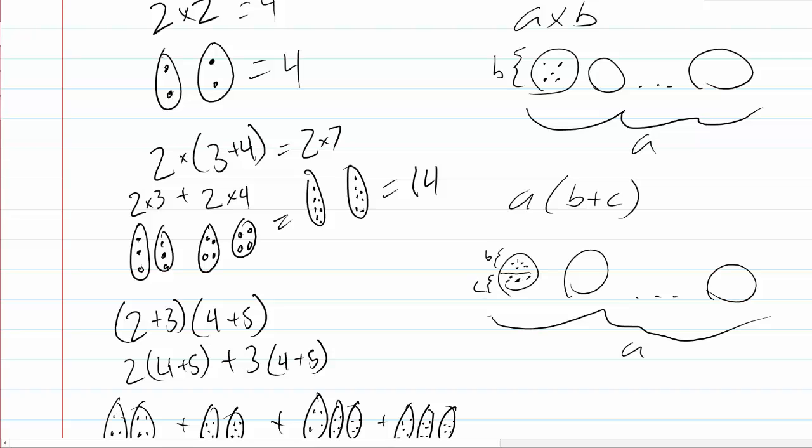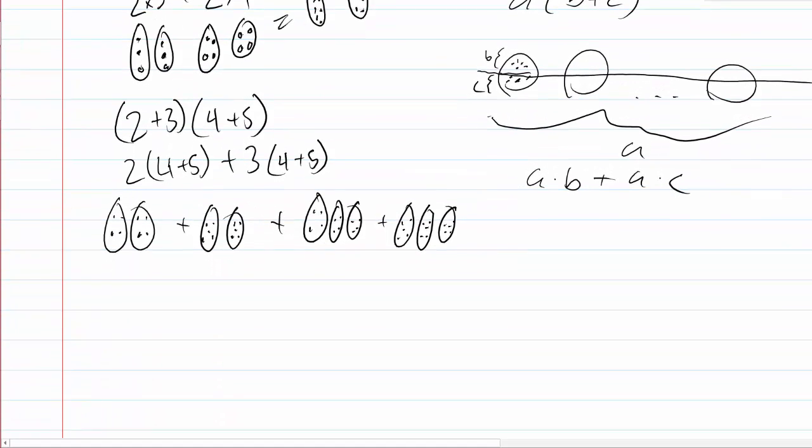Now here we can see that if you split this up, you see that we have a groups of b and a groups of c, giving you a times b plus a times c, the distributive property.